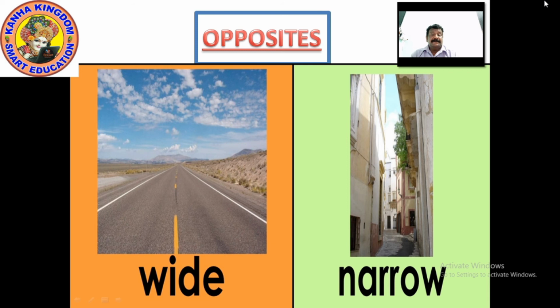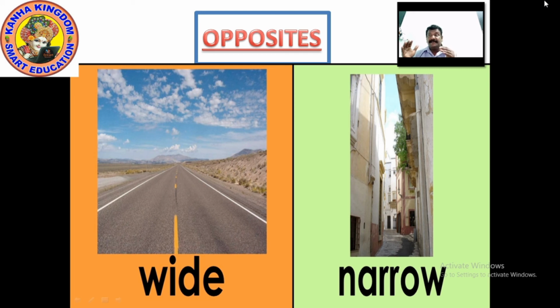Wide. You can see the broad road, the road which is very wide. Right? That is an express road which is totally empty, and you can see the width of it. It's so wide. Right? Wide.